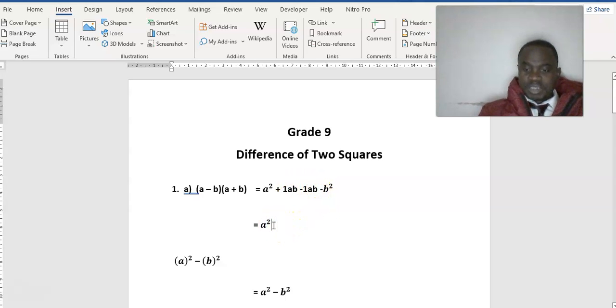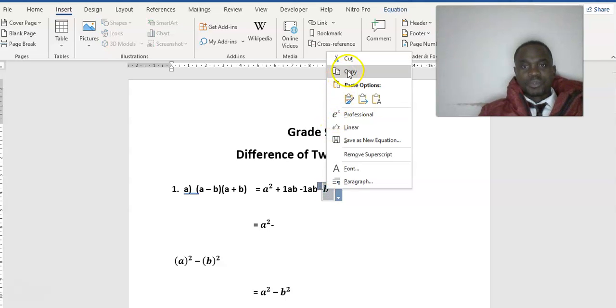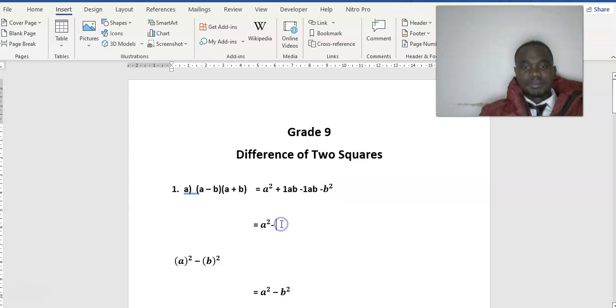What is left? Minus b squared. It will remain with only this one. So we have our minus b squared. Are we together? So this gives us this one.